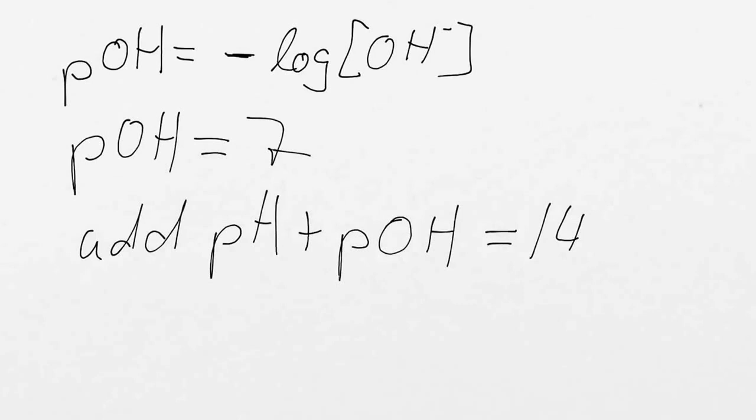And I want you to remember this 14. This is actually sort of a magic number. Whatever solution you use, whether you have an acid or a base, but in pure water with this solution in it, pH and pOH will always add up to 14. Yeah?